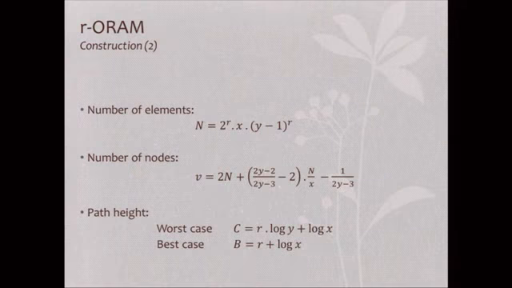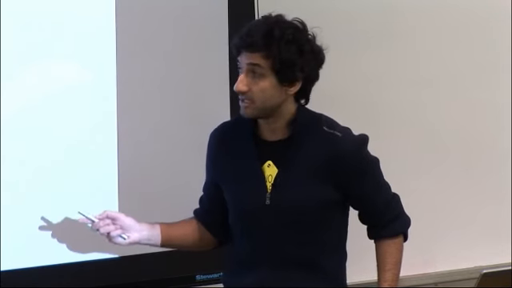So the number of nodes, we will reduce them. And we will see later on in the security proof that the overflow probability in this scheme is better. What it means is the number of blocks per node we can reduce as well. So we will save storage in two aspects. The first aspect is we are reducing the number of nodes, and also we will reduce the number of blocks per node.